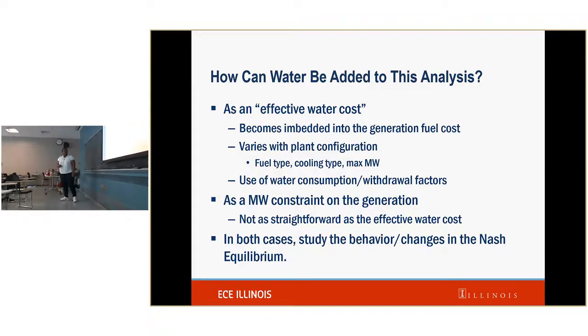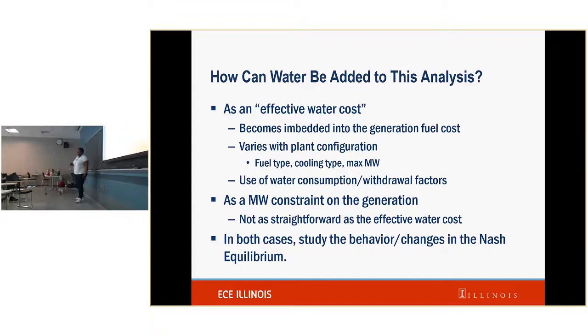And so one way is to do an effective water cost where, again, the B_i parameter incorporates the fuel costs, so natural gas, coal, nuclear, so on and so forth. And so you can embed an effective water cost into that fuel cost and rerun your OPFs and see how the Nash equilibrium changes with that kind of implementation.